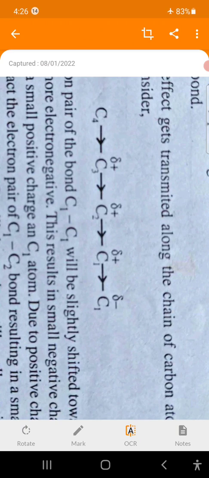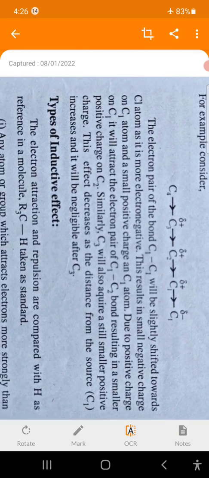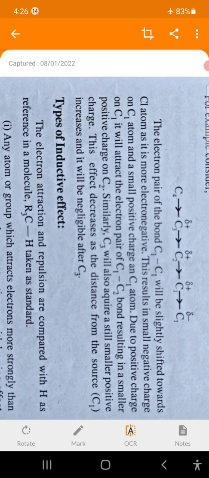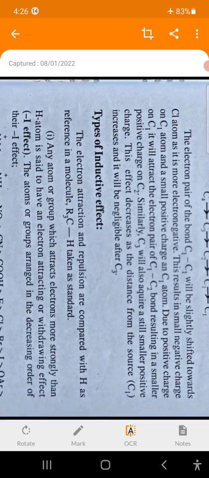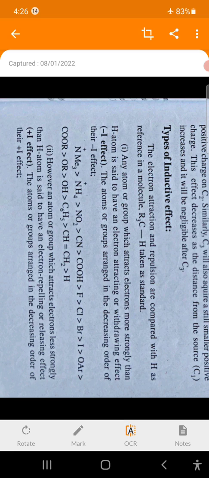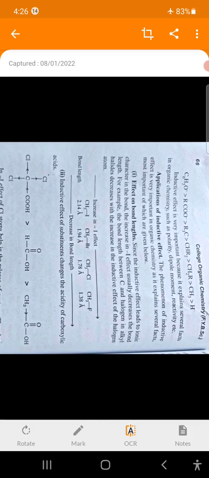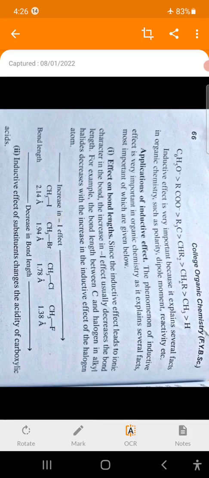That is, as chain length increases, the power of the inductive effect goes on decreasing. There are two types of inductive effects, minus I effect and plus I effect. We have discussed the inductive effect.